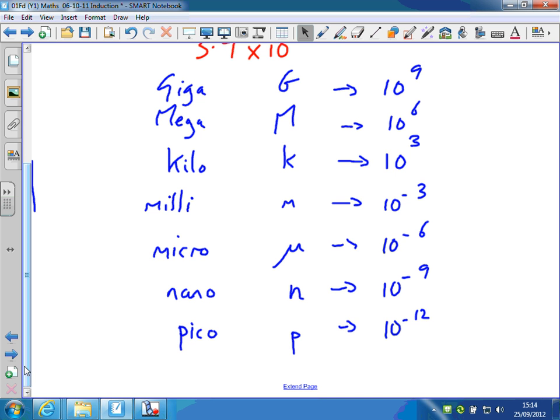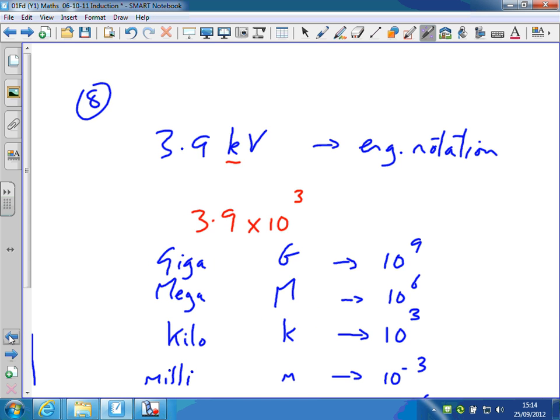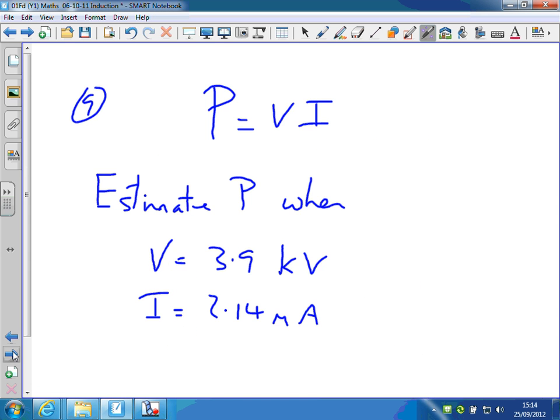So those are the common prefixes, and again there's a chapter on that in the textbook. And I think you can see now how engineering notation fits with it because they're all in threes. Happy with that? Can I move on?